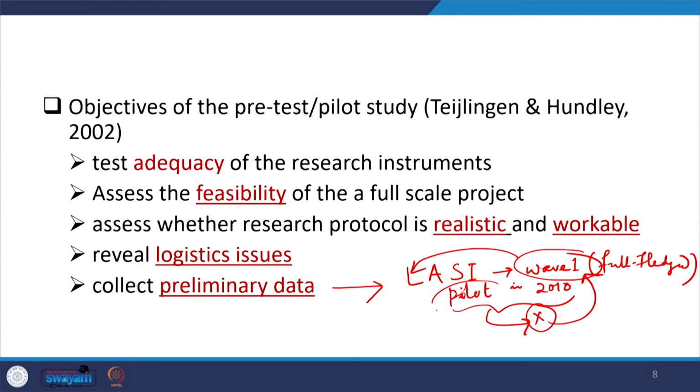The pilot may be considered before your wave 1, but you have to mark this disclaimer very clearly, that all the information that has been considered in the pilot may not be comparable. Okay. But just for your idea, just for your understanding whether over this 7 or 8 years period there have been some changes or not, you might compare this pilot study as well.